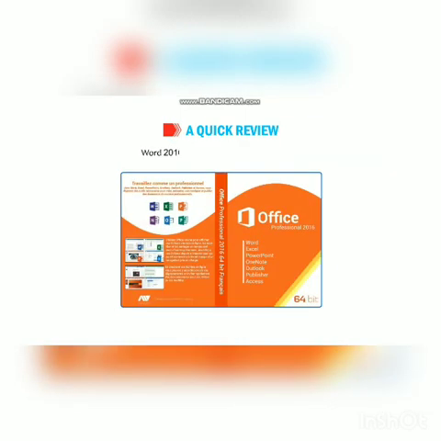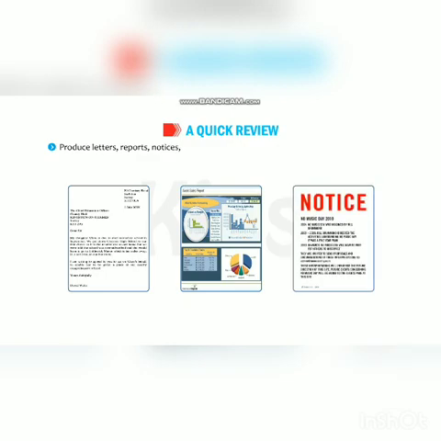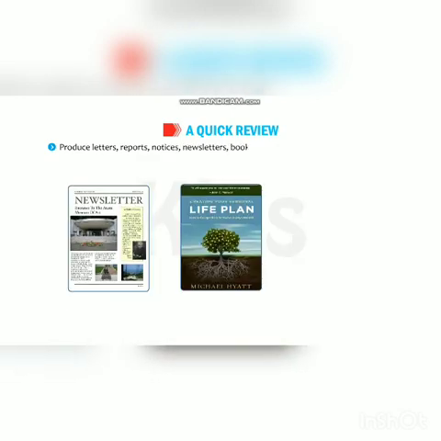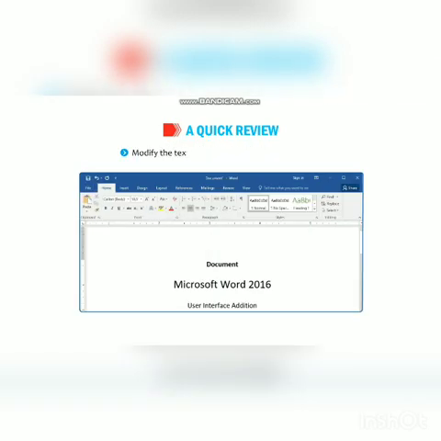Word 2016 has the power and flexibility to produce letters, reports, notices, newsletters, books, bills, etc. quickly and in a presentable manner. Modify the text both while typing and after typing. Beautify the text using color, style, font size, border, shading and various other effects.